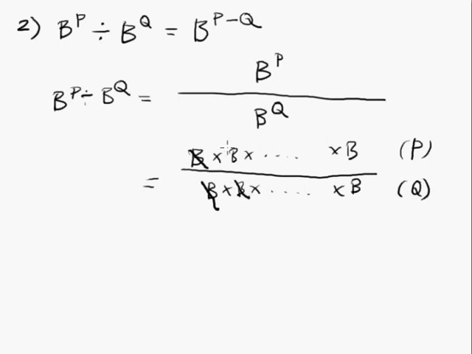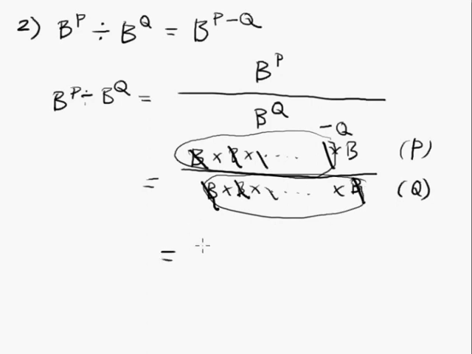We can cancel out 1 b from top and bottom, 2 b's from top and bottom, 3 b's from top and bottom, q b's from top and bottom. So we've removed q b's from the top, we've got nothing left on the bottom, and so that's just b to the p minus q.